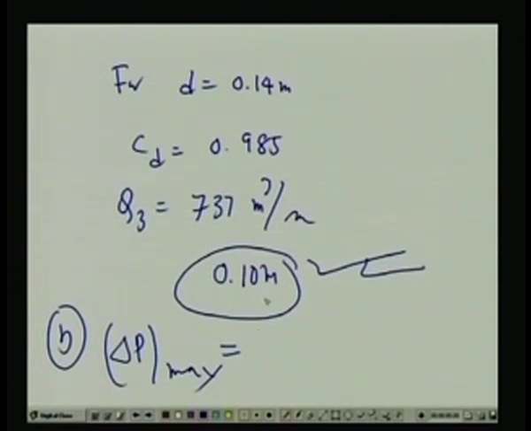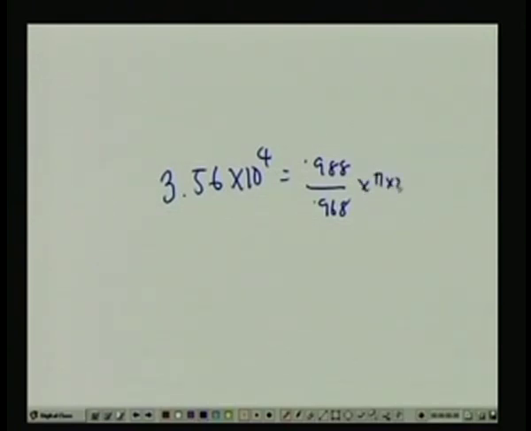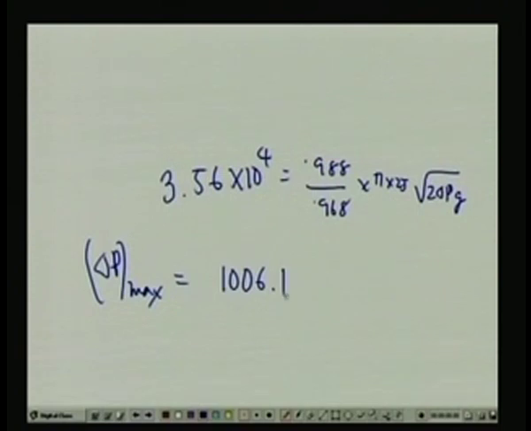So now we apply this, with 0.20, and if you take a new page it will be like this: 3.56 into 10 to the power 4, 0.988 by 0.968, and you put in all the other terms, pi by 4 root over 2 delta P by rho, and you will find that the delta P max will be 1006.1 kg per meter square, right.